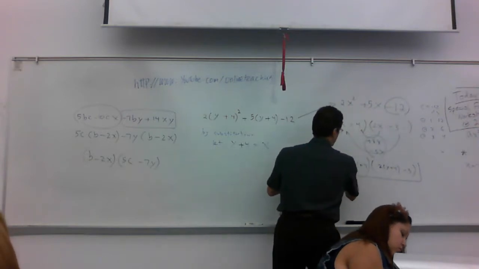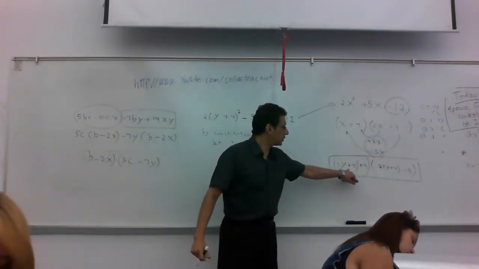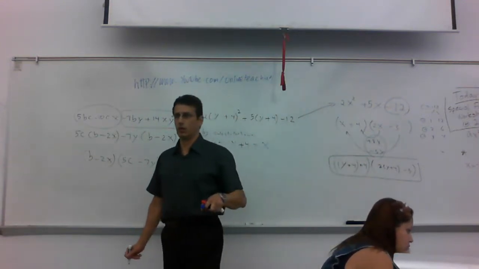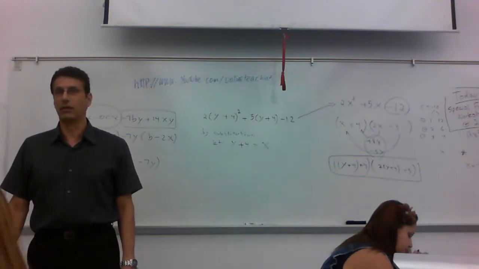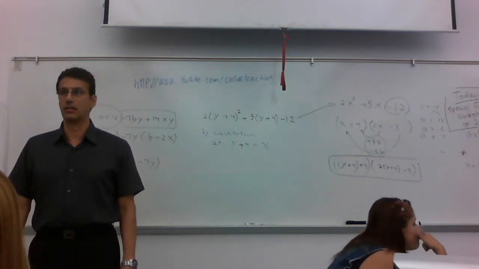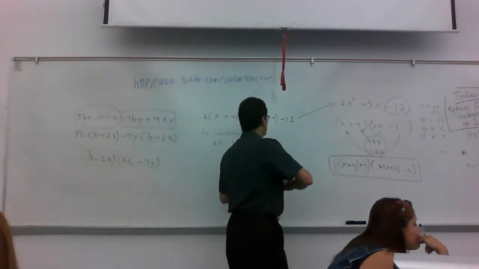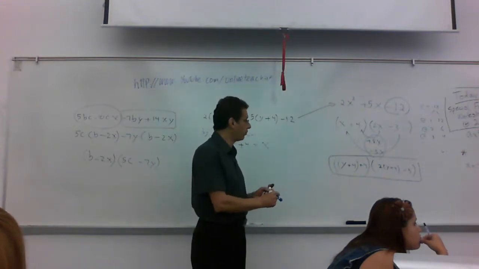We are not finished. I just want to make sure you understand that we did the substitution, we used the x to make our life easier as far as factoring is concerned. The final answer doesn't involve x at all. So the final answer is that you replace the x with your choice of x, which was y plus 4.